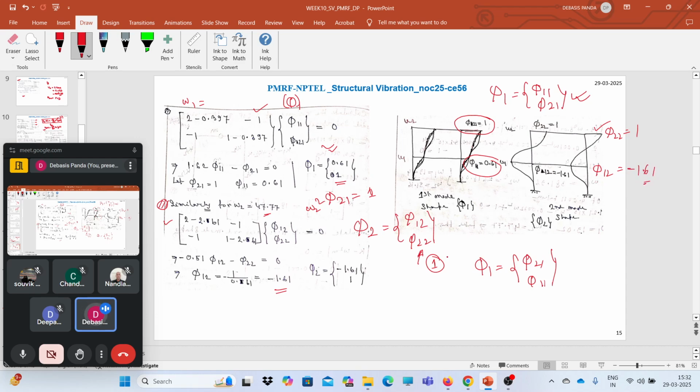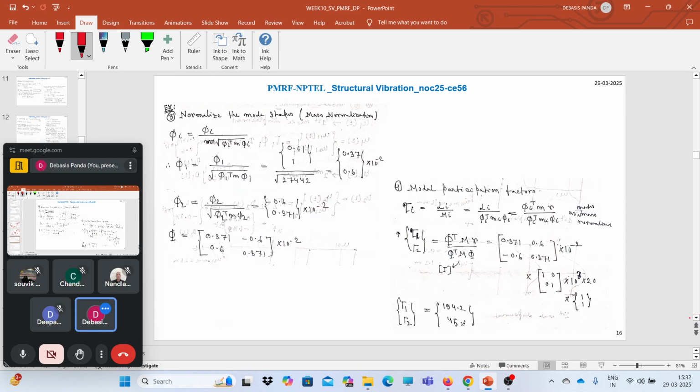So till now, we have the information about the natural frequencies, omega 1 and omega 2, and phi 1 and phi 2. We have the two frequencies, and corresponding to them we have the mode shapes. Now we need to use that modal representation to solve this equation.